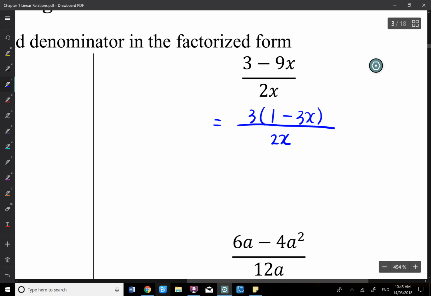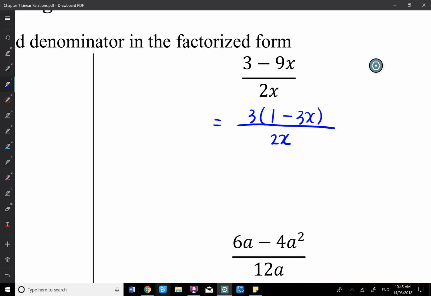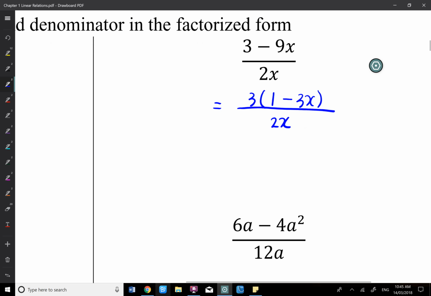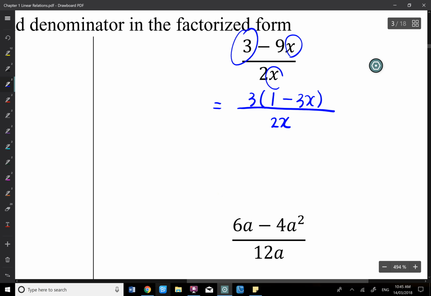The only thing we can do something with is the common factor. But for 3 and 2x, is there anything we can cancel? Anything we can simplify? No. So this fraction is already in the simplest form. We can't simplify that anymore. Even though we see an x here, we don't have x in this term, so we can't get the x cancelled.